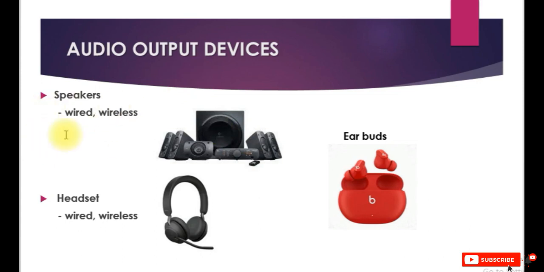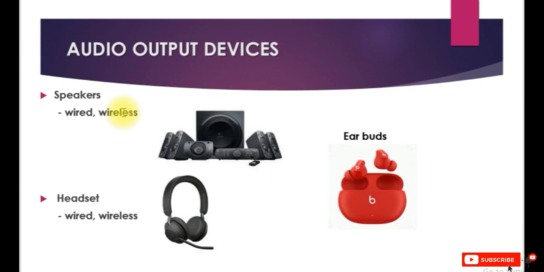The sound card that you looked at in the previous slide would process the audio information and then output it to the speaker. And speakers may be wired or wireless. Wired meaning that they have cords or cables which actually connect them physically to a computer system, for instance, or to a laptop.